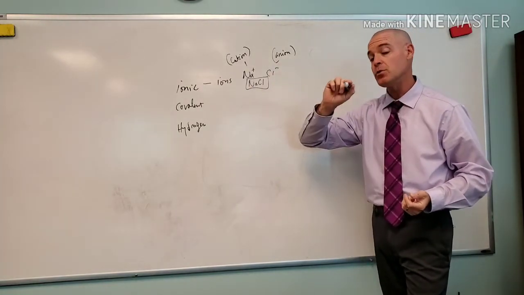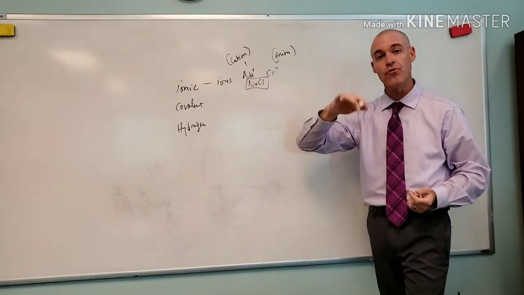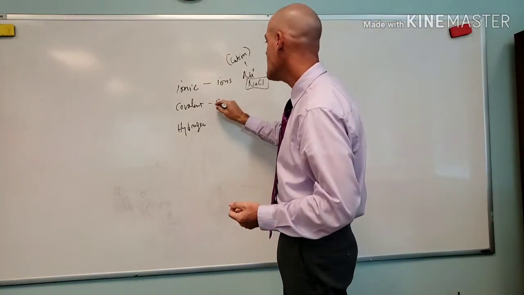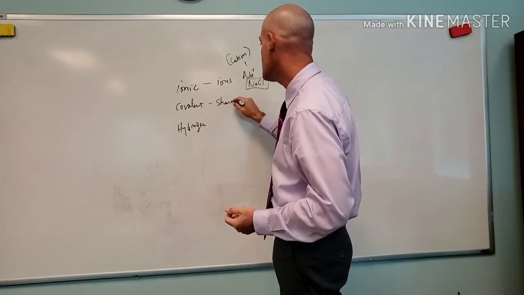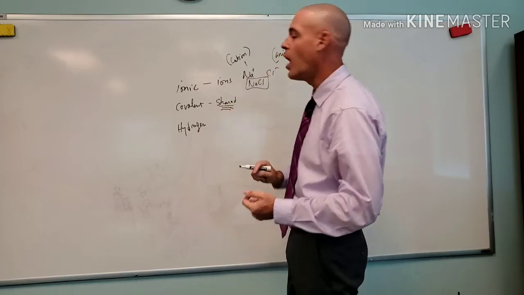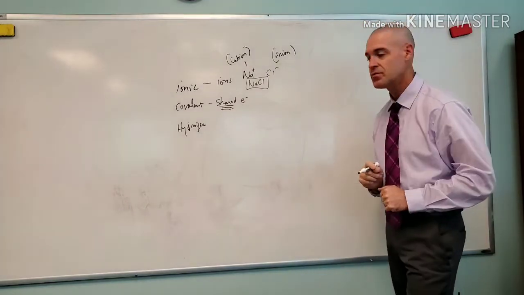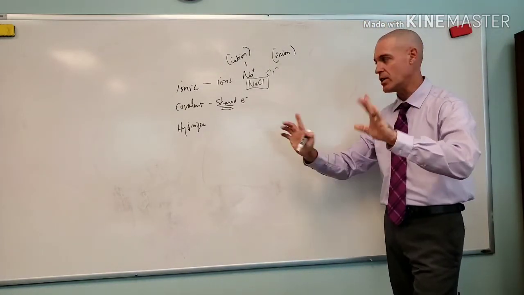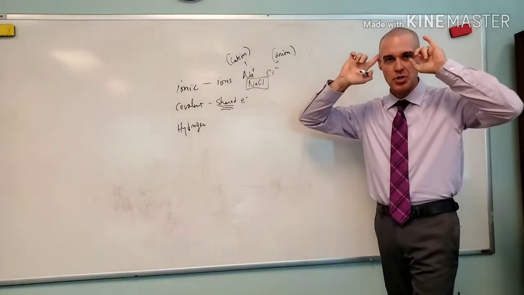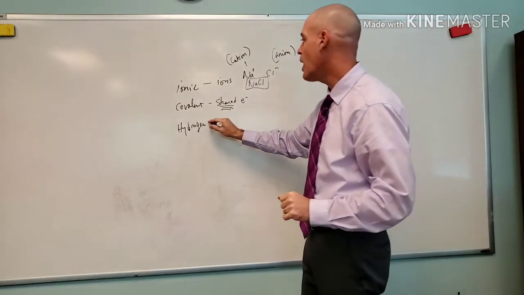Now, a different type of bond, which is actually a stronger bond, is the covalent. The key thing to remember here is this is a shared bond. Shared between what? Electrons. It's the sharing of electrons. So if you see the word covalent, you remember shared. Come down to hydrogen.